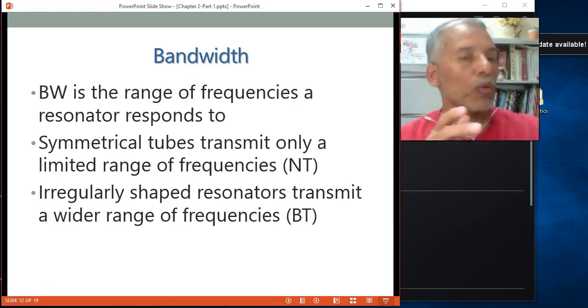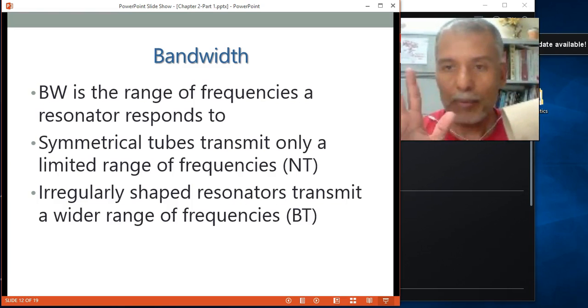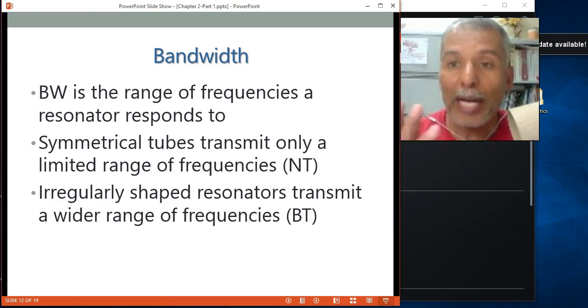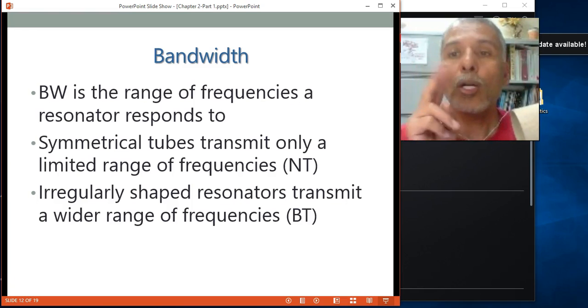Let's say this tube is 400. I'm just guessing. The bandwidth of it could be 200.